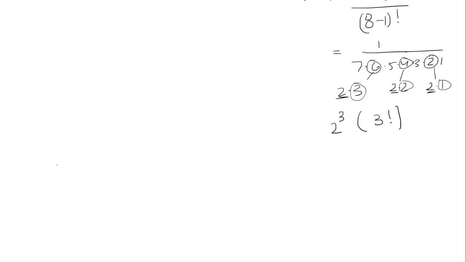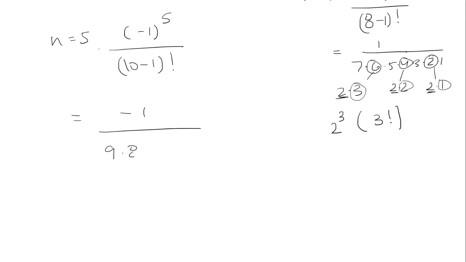Let's go one more just to be clear with this. We have negative 1 to the fifth, and then it's 2 times 5, which is 10, minus 1 factorial. So that will be negative 1 over 9 times 8 times all the way down to 1. We said we want to eliminate all the even numbers.